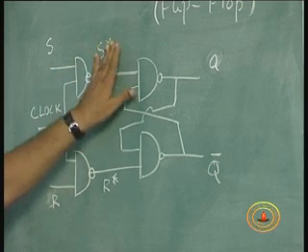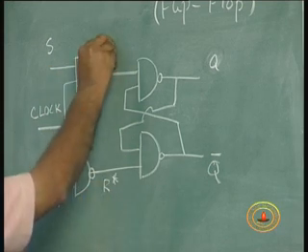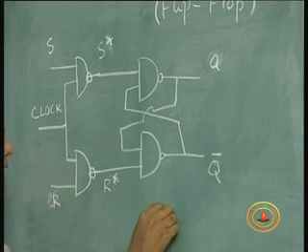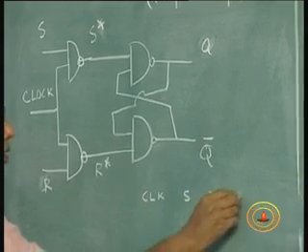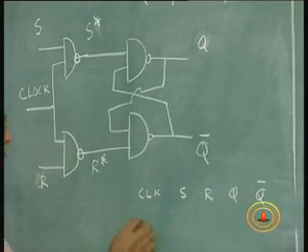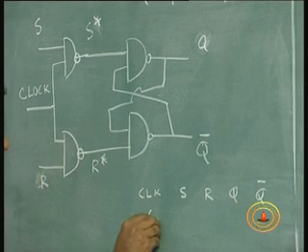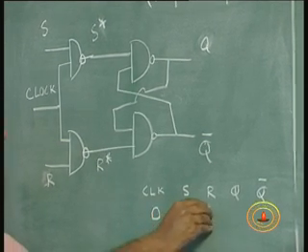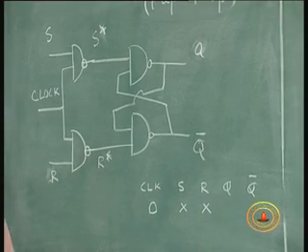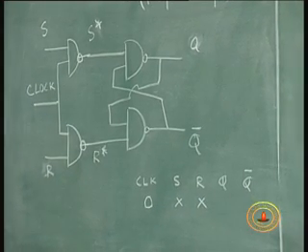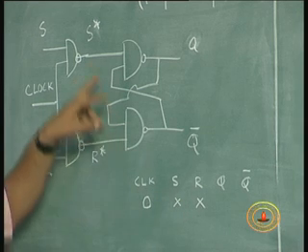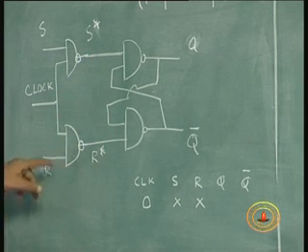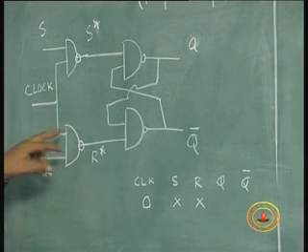If I put a NAND gate here, there is a natural inversion because of the NAND gate. So now it becomes a true SR latch. That means the truth table of this would be clock, S, R, Q, Q bar. If clock is 0 or disabled, whatever be the value of S and R, the latch is going to remain in the 1 state, because in a NAND gate, if one of the inputs is a 0, the output is a 1.